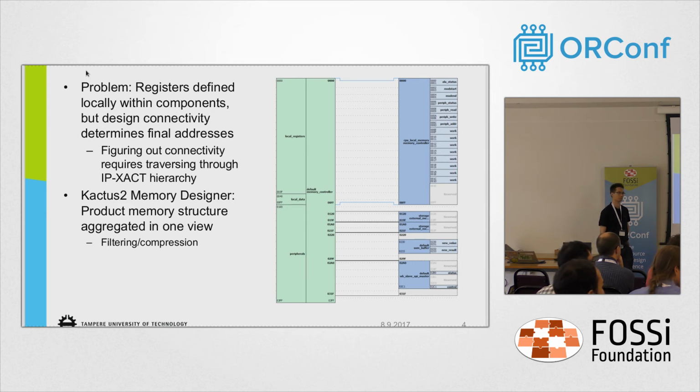I believe you said that you don't have an interconnect generator or something like that. So how do you map this global design register map to something, or is it only a description that I get in the end?